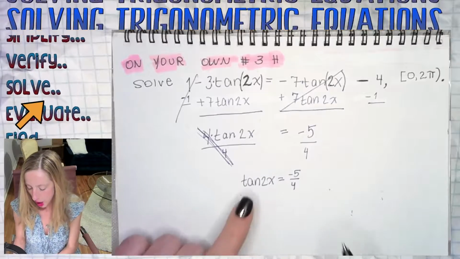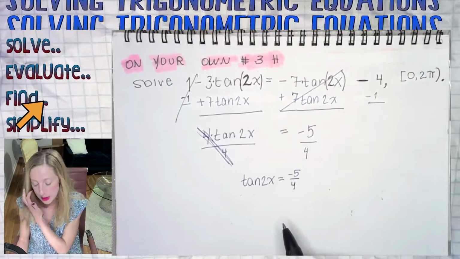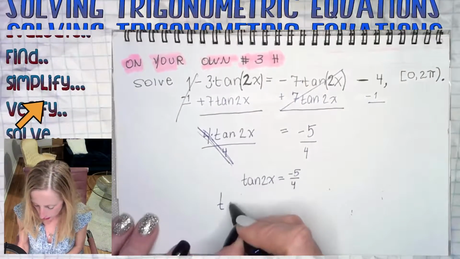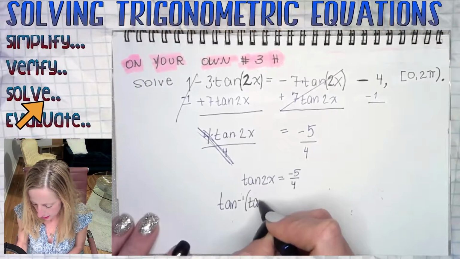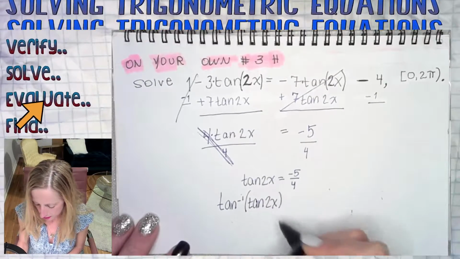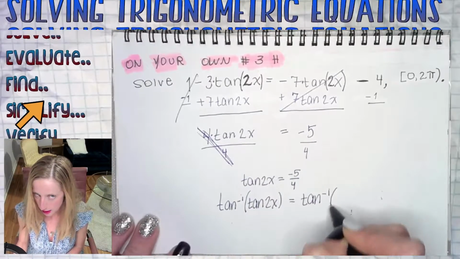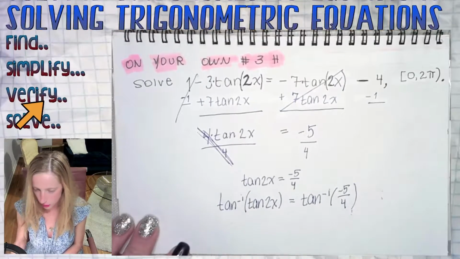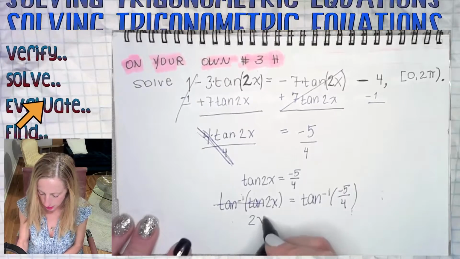So why would we do that? Let's not do that. We can just solve this using basic trig inverse like we did right at the beginning of learning trig inverses. How quickly we forget, right? So I'm going to take the tan inverse of both sides. Tan inverse of tan 2x and tan inverse of negative 5 over 4. You don't multiply by tan inverse, don't be that person. Took tan inverse, so I'm left with just 2x equals.